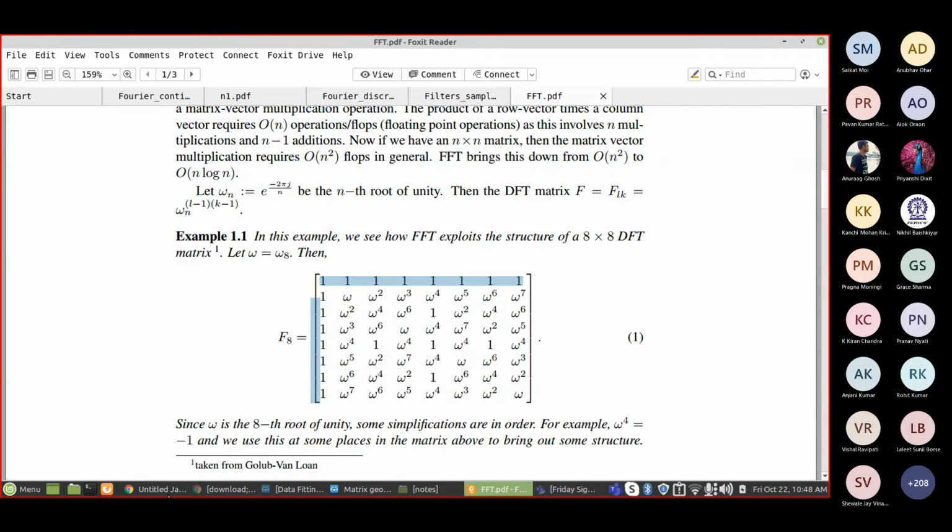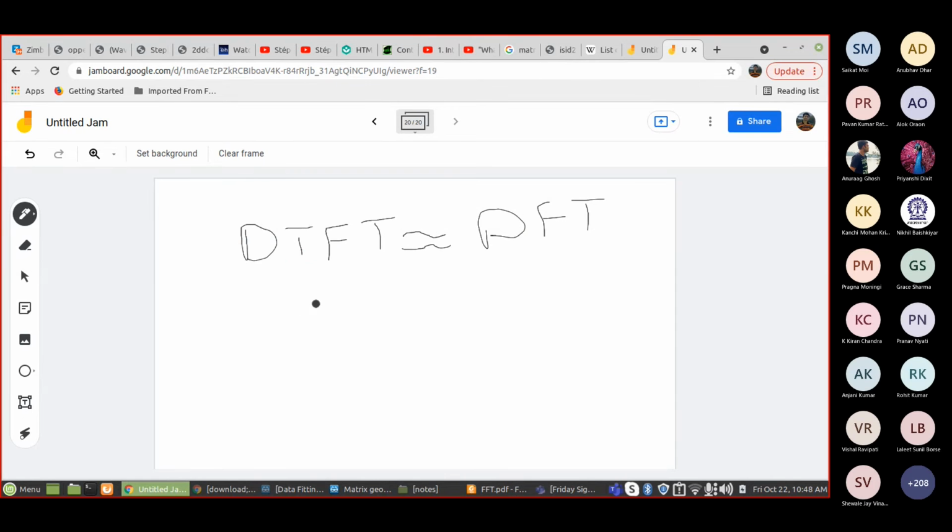So we have this big DFT matrix, then we have the time domain vector x0 down to xn minus 1. So first row is all ones.